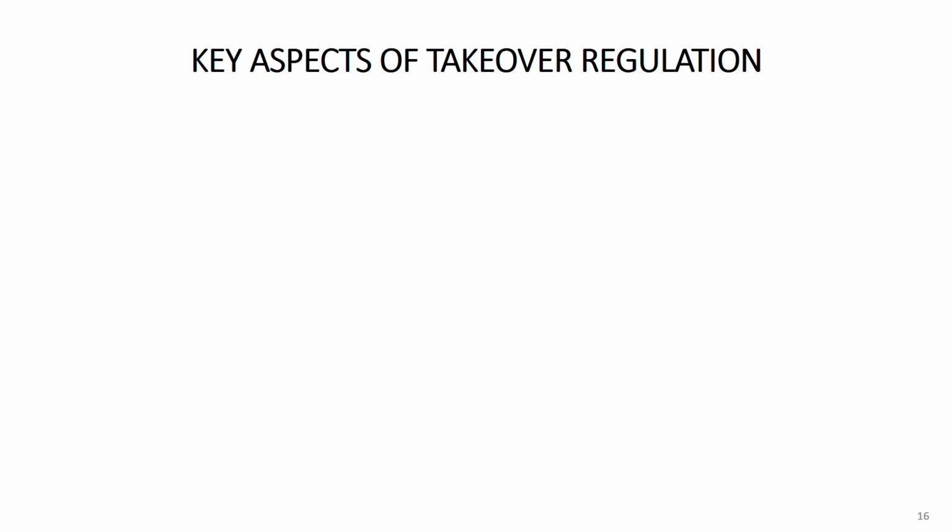No company acquires a company, becomes so big and starts dominating the market. The takeover should be beneficial for the overall economy. Then only it will be allowed by the regulations. These are the few things you need to know about the aspects of regulation.